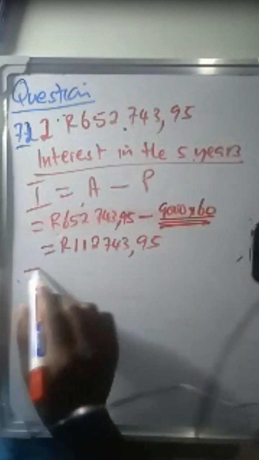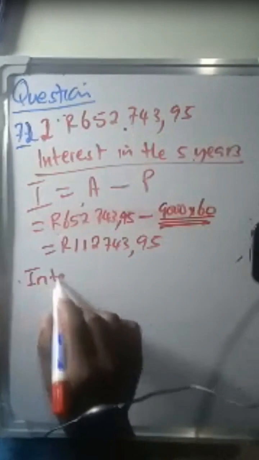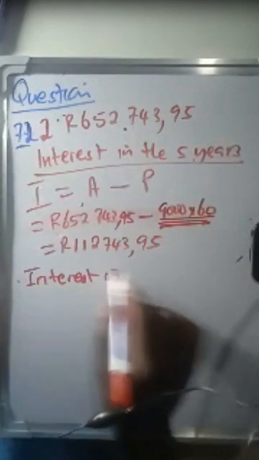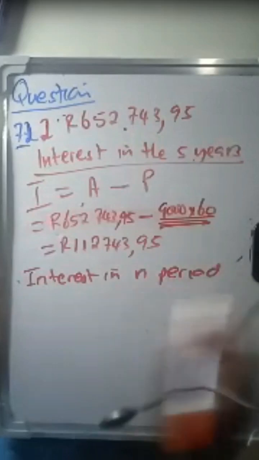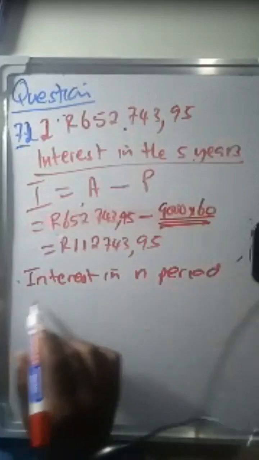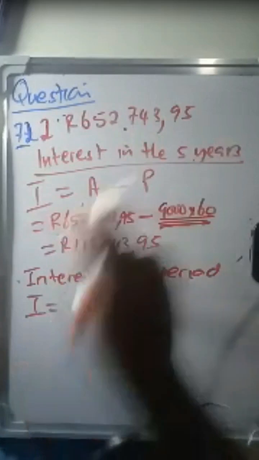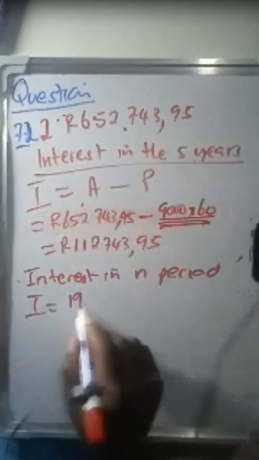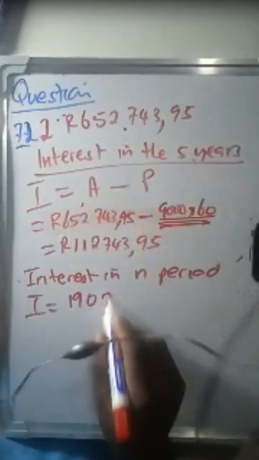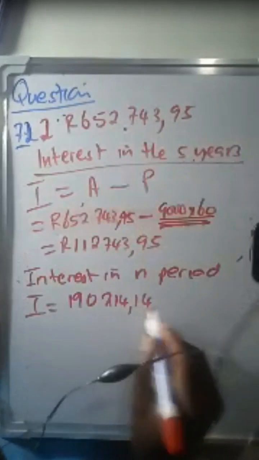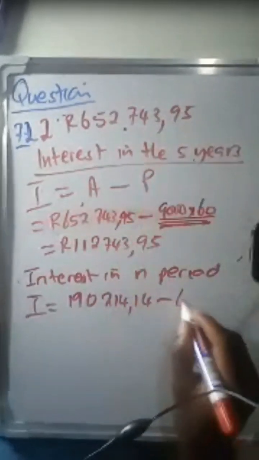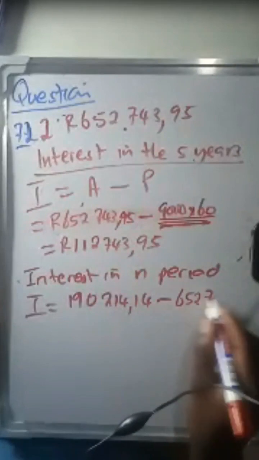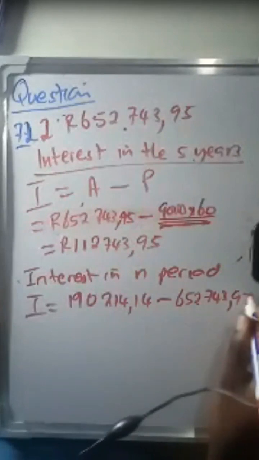What was the interest in the n periods? It is going to be the total interest, which is 190,214.14, minus the interest for the 5 years, which is 112,743.95.